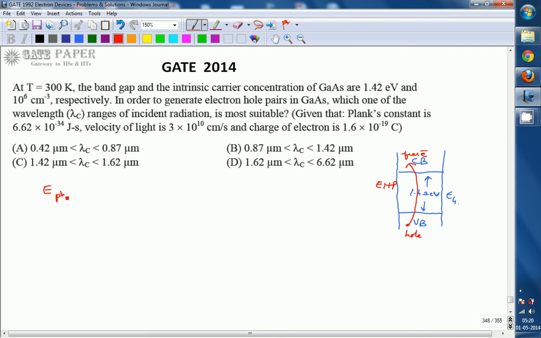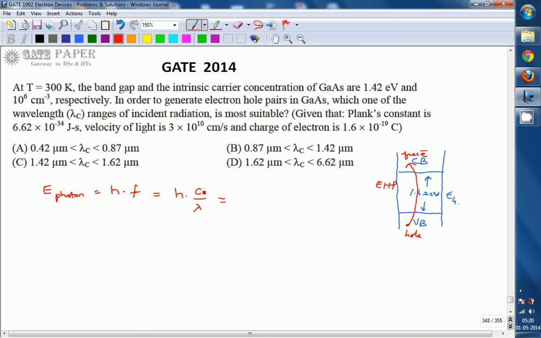Energy of photon is nothing but h times f. H is Planck's constant, f is the frequency of light. Frequency of light can be calculated by c by lambda. C is the velocity of light and lambda is the wavelength of light. So h value is given as 6.62 into 10 power minus 34, and velocity of light c is 3 into 10 power 10 centimeters per second.